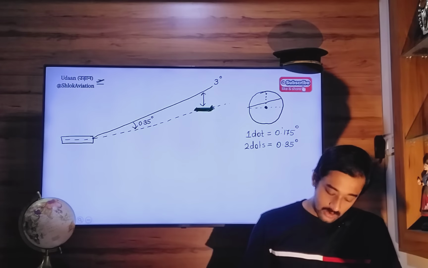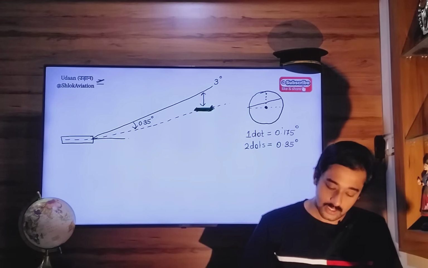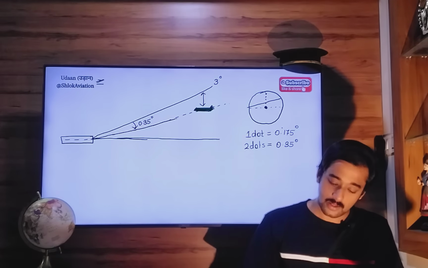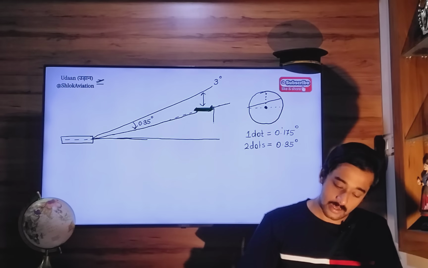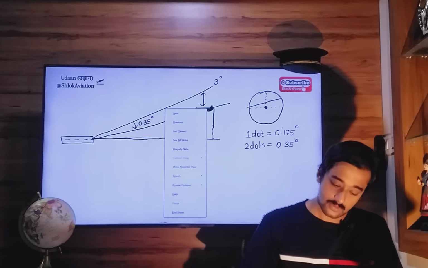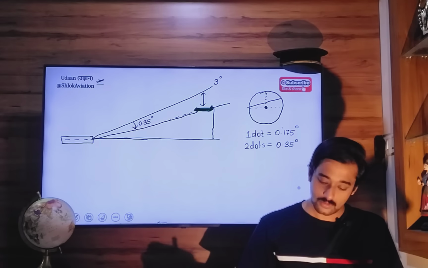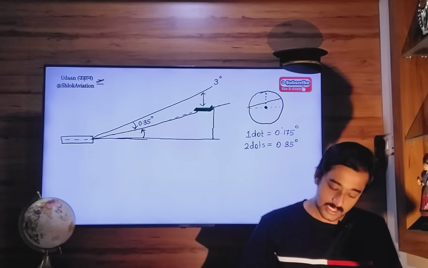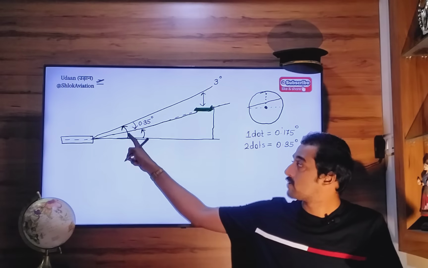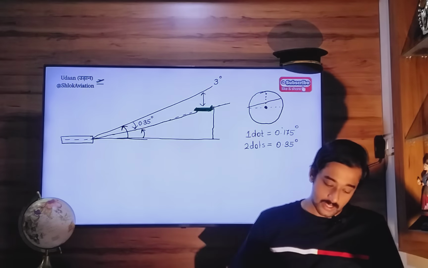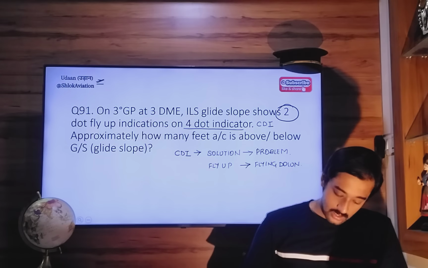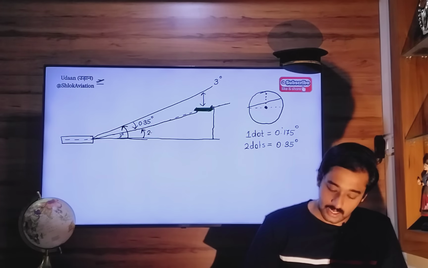That means with respect to the ground surface, we have this new triangle. And the angle of this entire triangle is 3 degree. 3 degree minus 0.35 degree will be equal to 2.65 degrees.